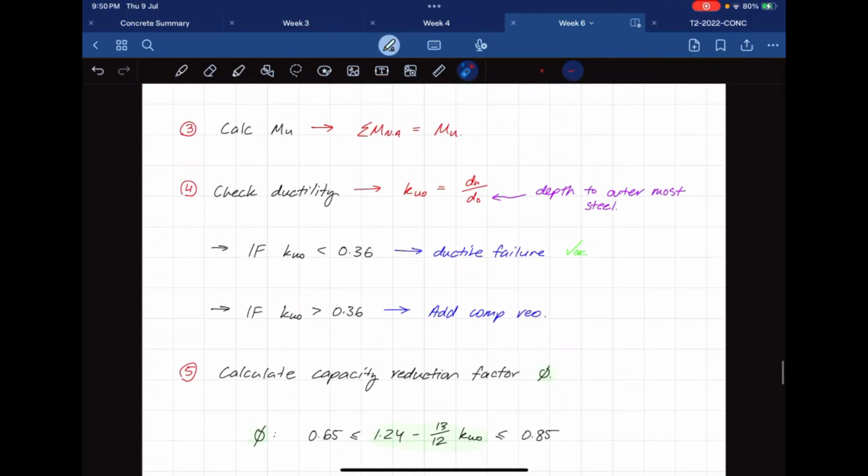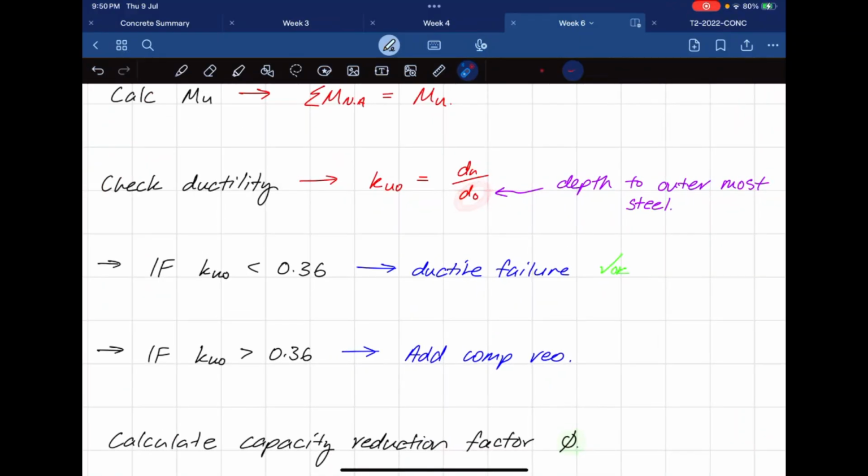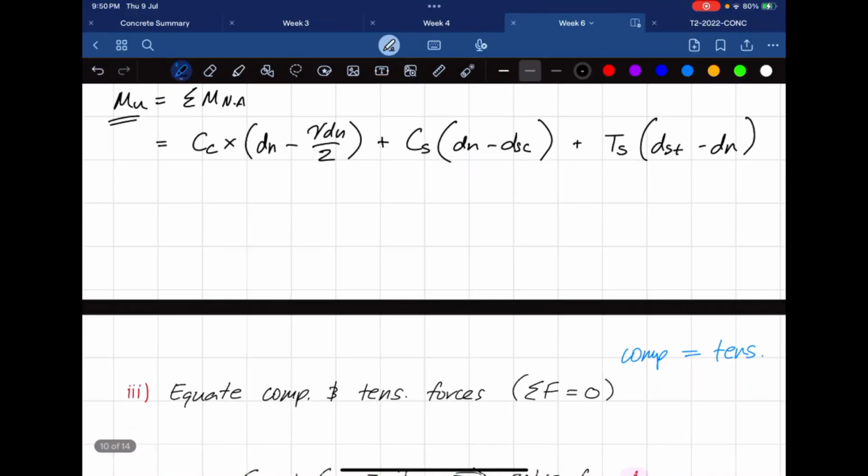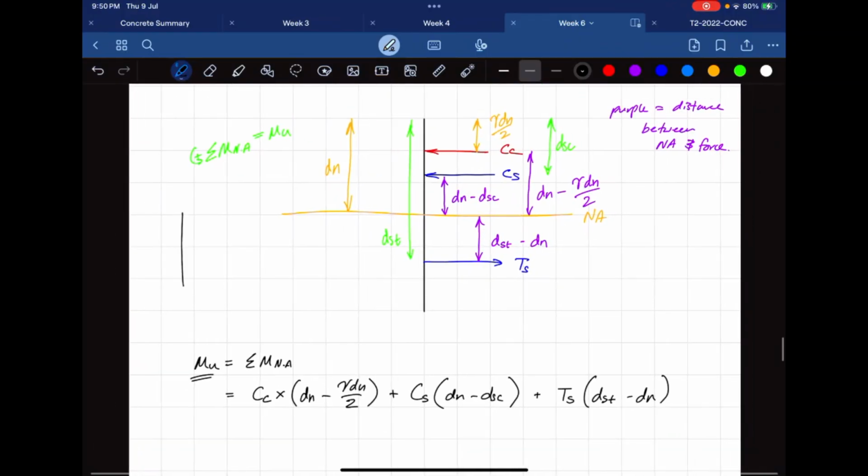You're going to have to check something called ductility. So this is what I was talking about. DO is the depth to the outermost steel. So let's say you have two rows again.